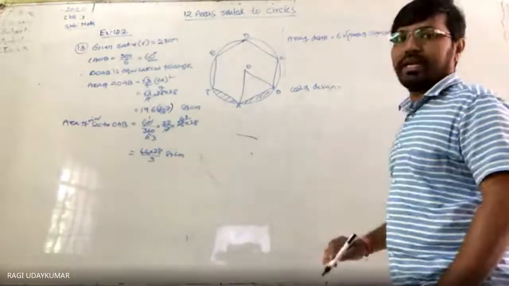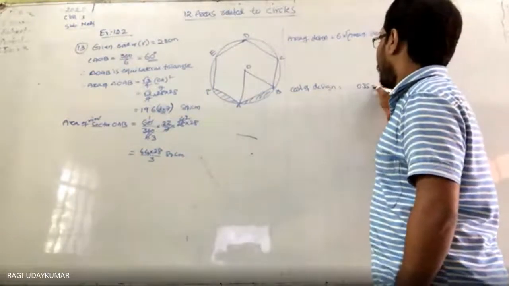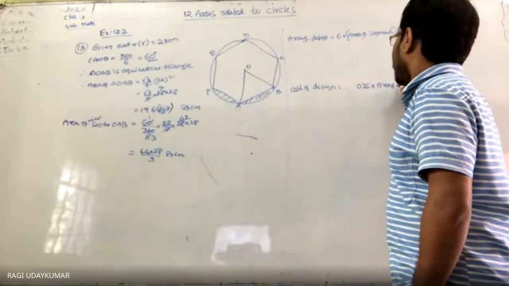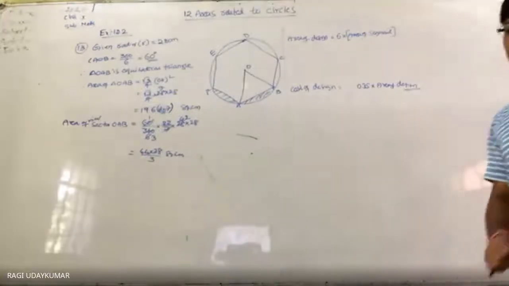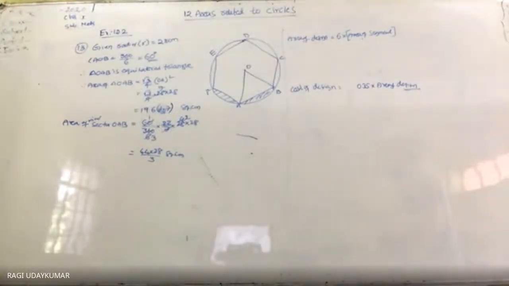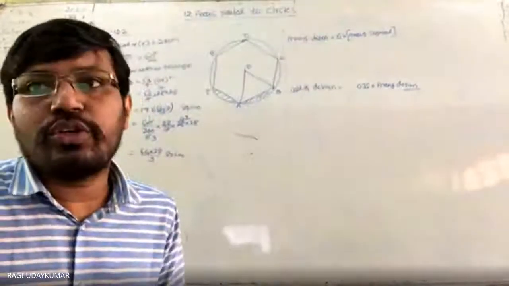The area you get will be in centimeter square only. So that area should be multiplied with 0.35 into area of the design. Understood? I am just leaving the calculation part to you. You can do the calculation part. It is not very difficult for you.